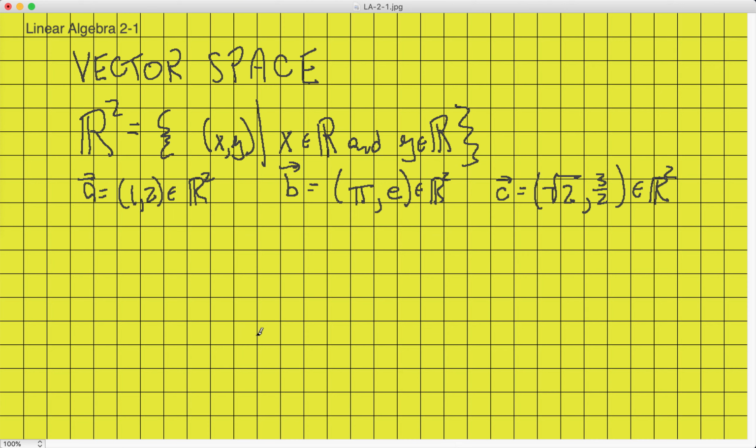There are a couple of things that I want you to note here. First of all, there's a very special vector called the zero vector, and that's contained in R squared.